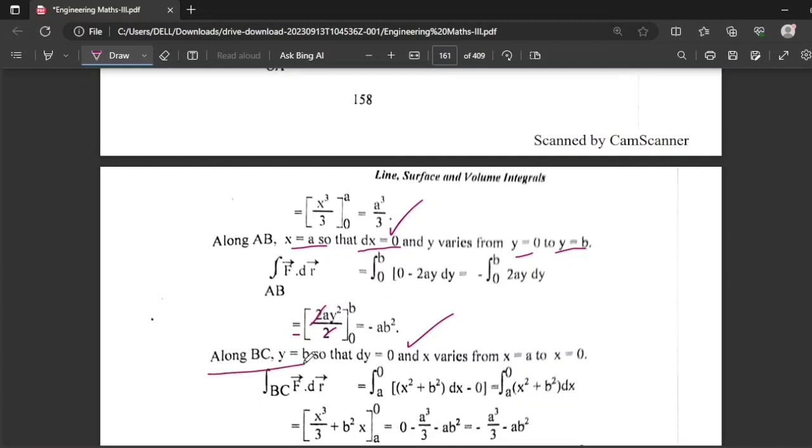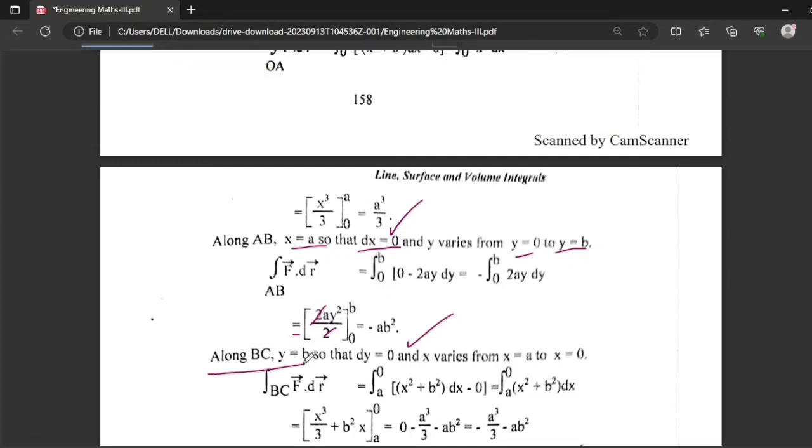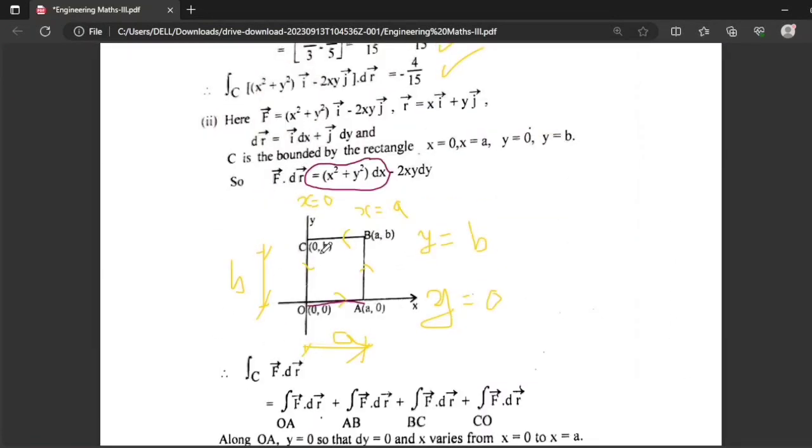Next is along BC. Along BC, this line is y equals b.